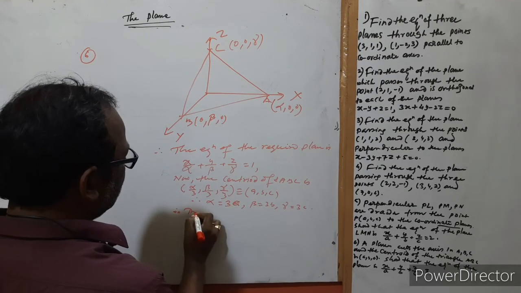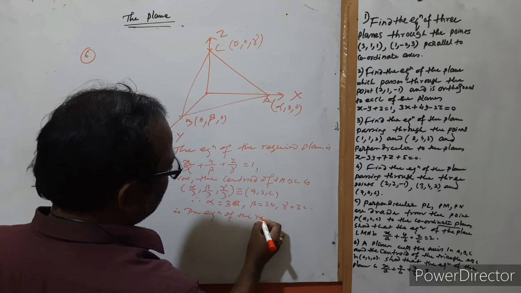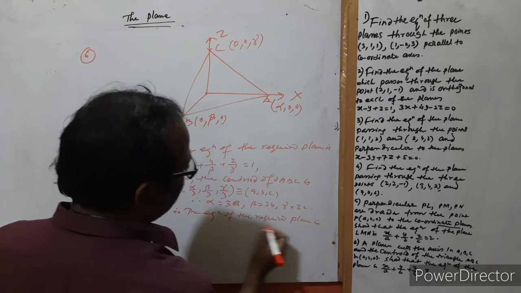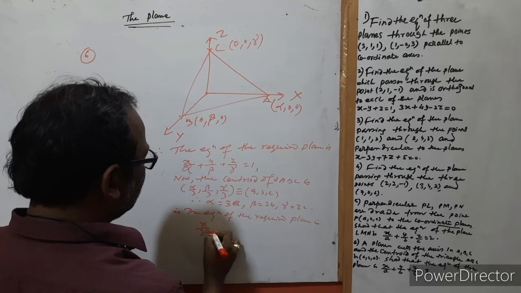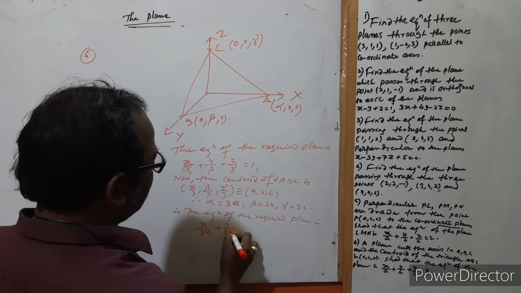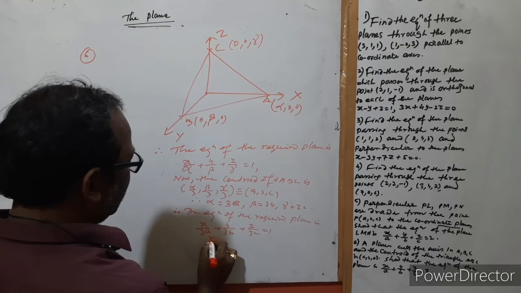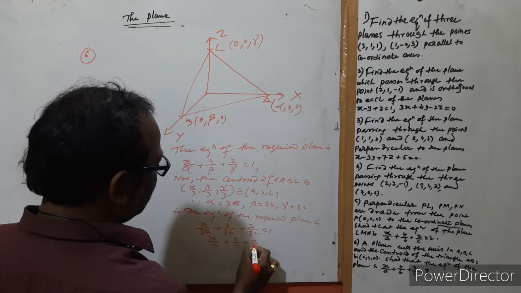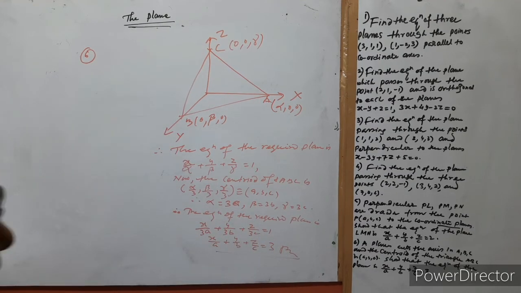Therefore, the equation of the required plane is x by 3a plus y by 3b plus z by 3c equal to 1. So x by a plus y by b plus z by c is equal to 3. This is your answer.